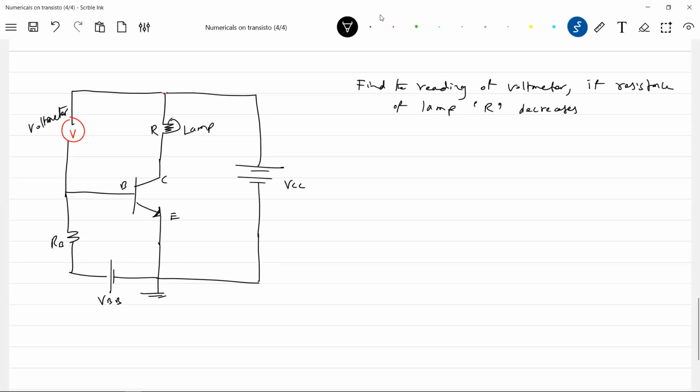Why does it decrease? I can give several reasons. As I switch on the circuit, current will flow. Due to the flow of current, heat will be generated. Due to the heat generated, the resistance can decrease due to some parameters. So as the resistance decreases, what will be the reading of the voltmeter? That's what he is asking.